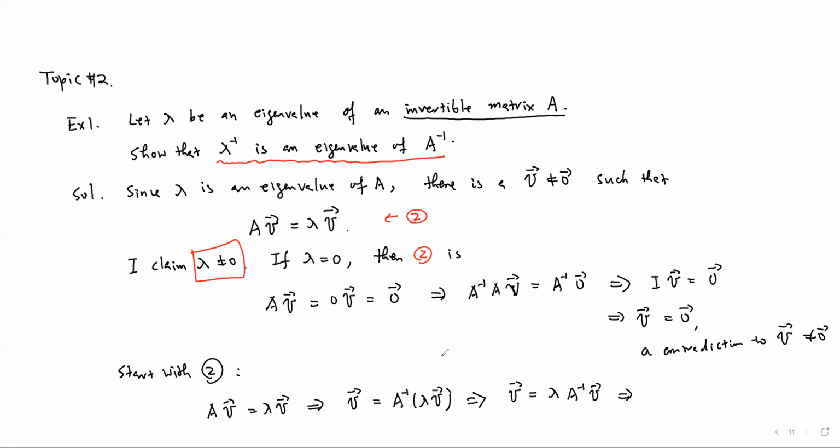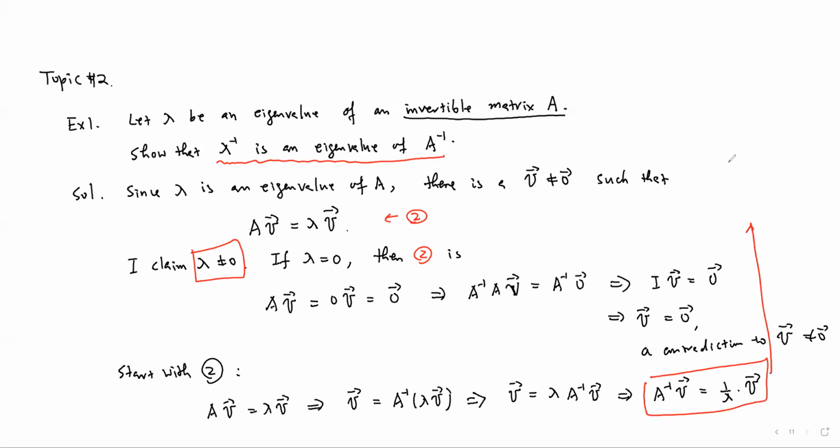Lambda is a non-zero number, so move lambda to the left side. Then we get this equation: A inverse v equals 1 over lambda times v. When this equation is true, by definition, the scalar is an eigenvalue.